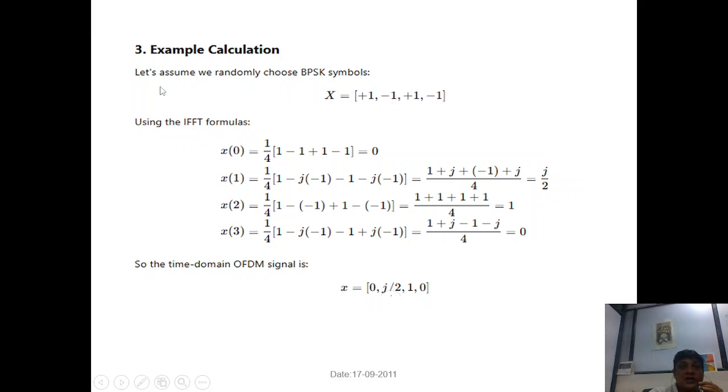Let us take examples. Let us assume X is equal to +1, -1, +1, -1. Basically, we are placing this data on the subcarriers. Now if I do the IFFT, we find that after the IFFT it becomes a complex signal.